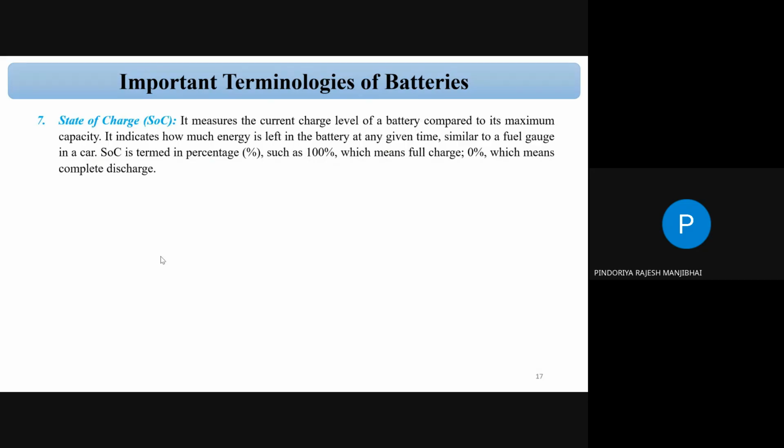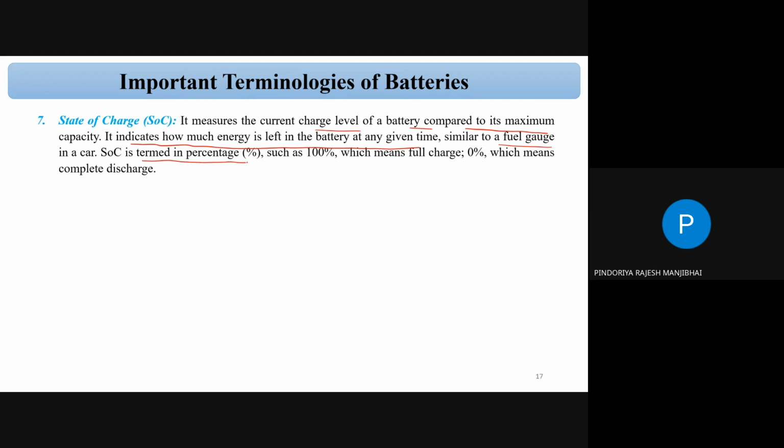State of charge, so we can say the SOC. It is a measure of the current charge level of the battery compared to its maximum capacity. It indicates how much energy is left in the battery at a given time. So maybe 100% charge available, maybe 80%, maybe 50%, similar to the fuel gauge in a car.